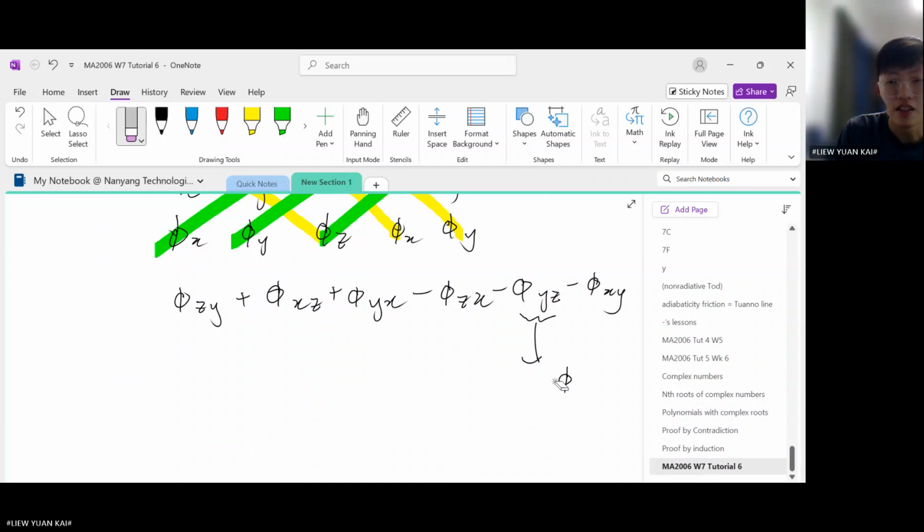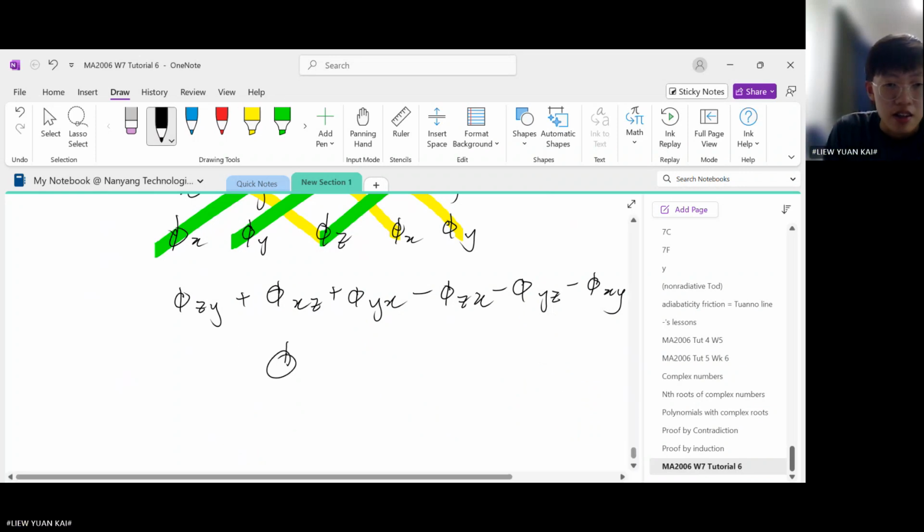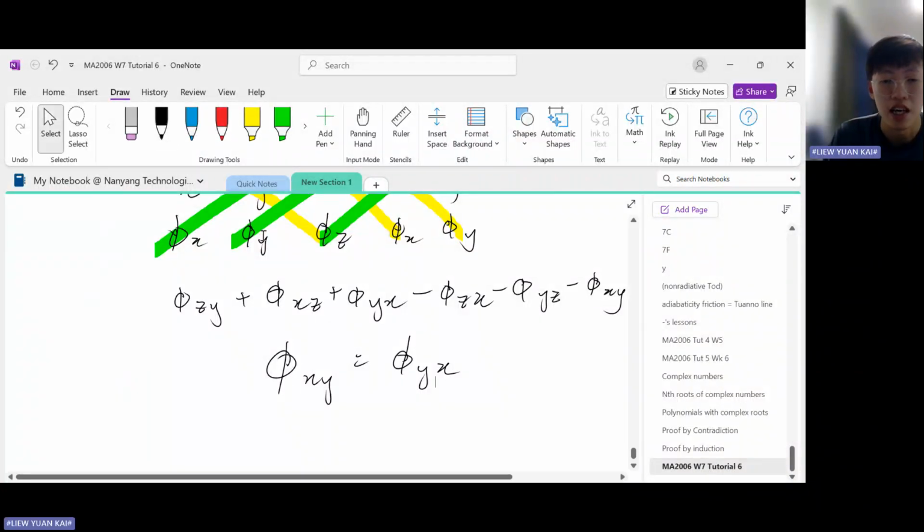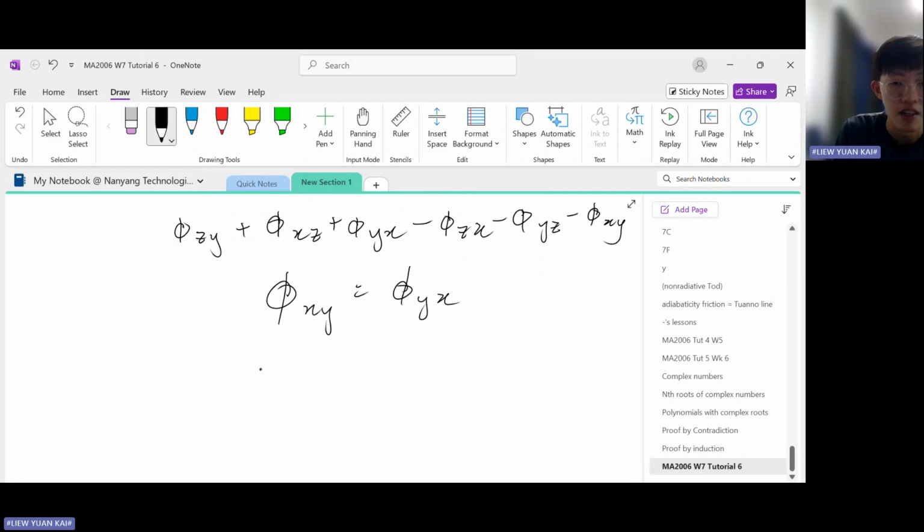Here's another fact that you have to know. You have to know for a fact that this is equal to this in general. If I swap the order of the derivatives, they're the same thing. If I do differentiation with respect to x first, followed by with respect to y, it is the same thing as differentiate with respect to y first, followed by differentiation with respect to x.